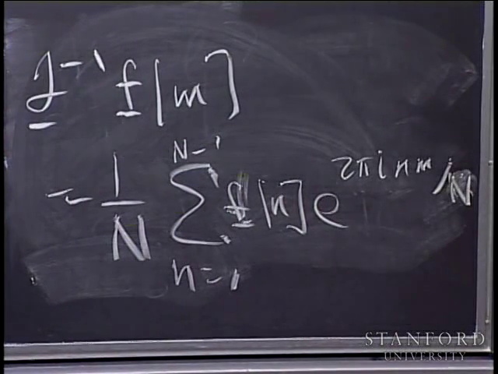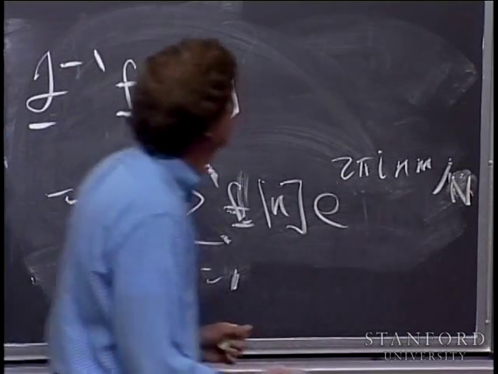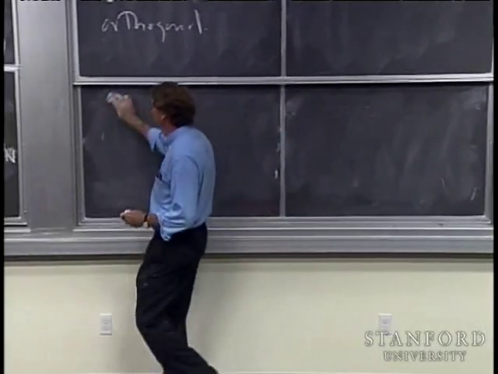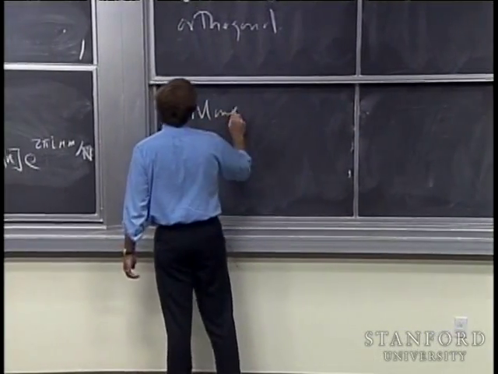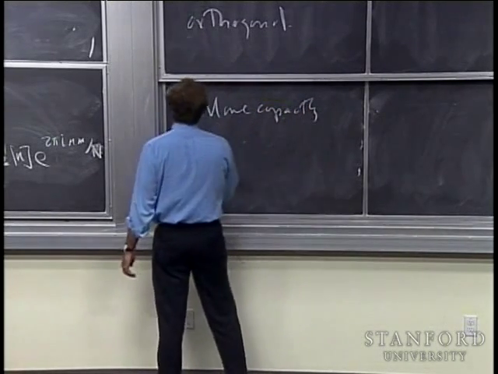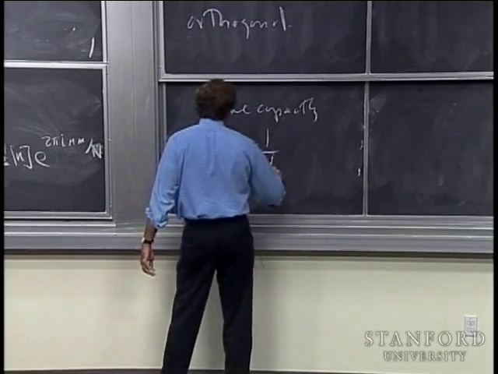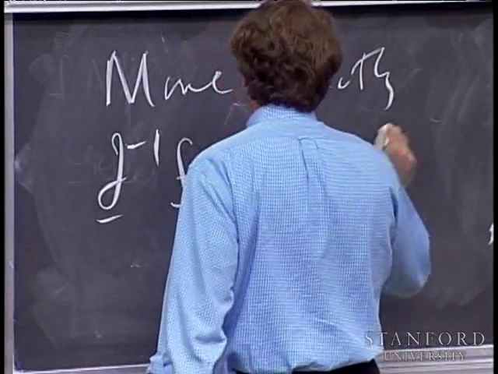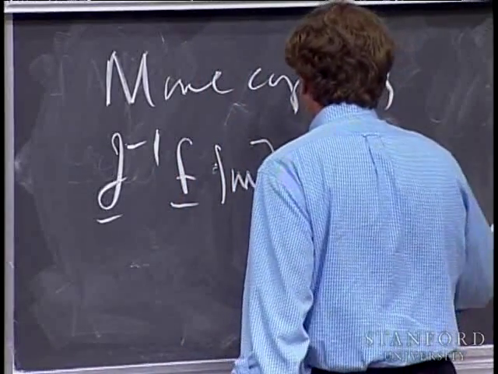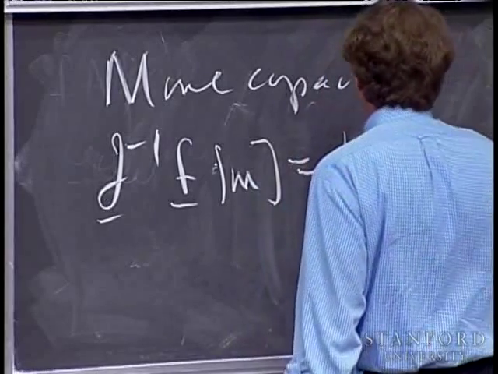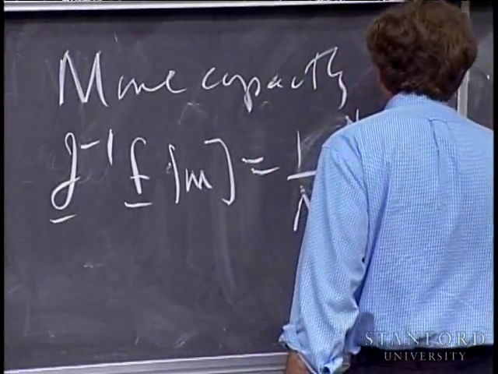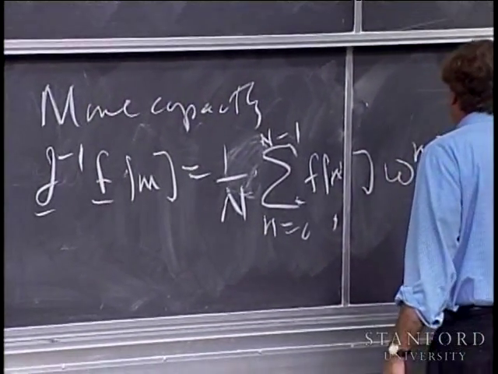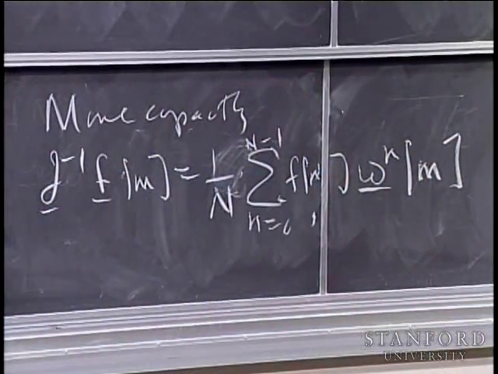Or, written a little bit more compactly, in terms of these vector exponentials, the inverse Fourier transform of f at m is 1 over N times the sum from n equals 0 to N minus 1 of f n times omega to the n, its mth component. Same thing, omega to the positive power n.